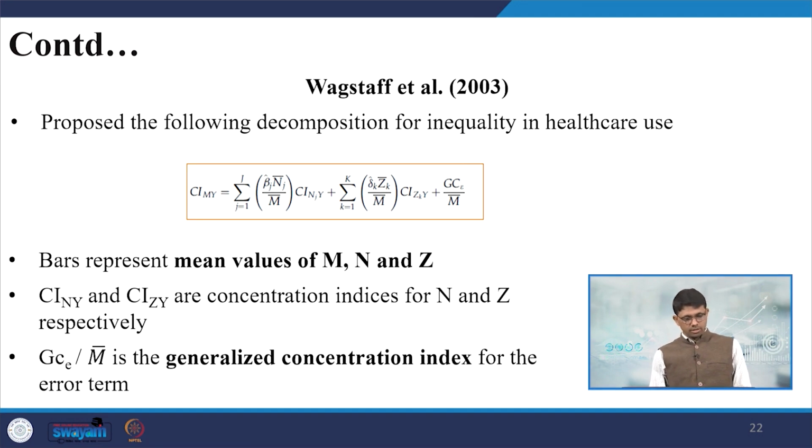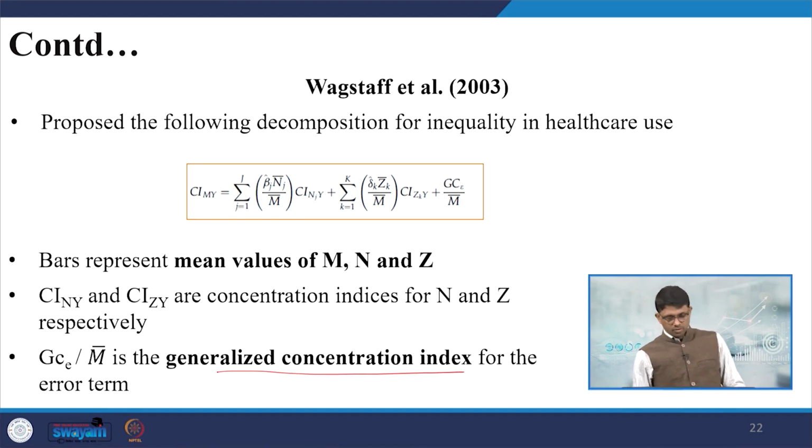So when we say bar, it represents the mean values of M, N and G, okay, M, N and G. So CIN and CIJ are the concentration indices for N and J respectively. GC divided by M bar is called the generalized concentration index for the error term.